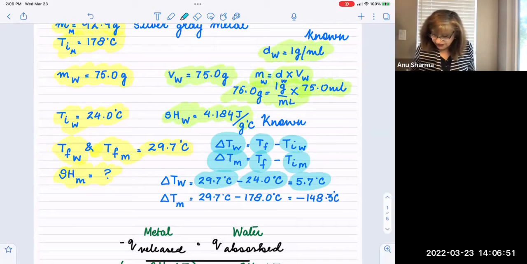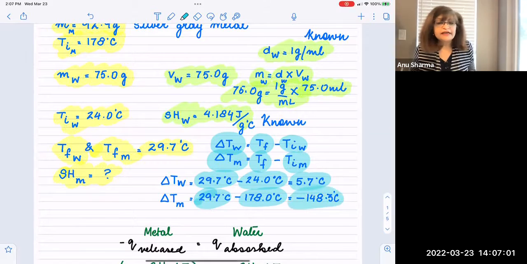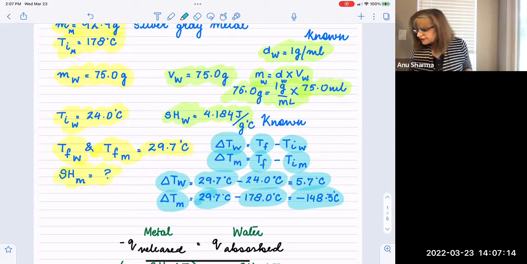The initial temperature of the metal was 78.0 degrees Celsius, and the final temperature is 29.7 degrees Celsius. So when you subtract, it becomes negative. Final minus initial is negative 148.3 degrees Celsius.